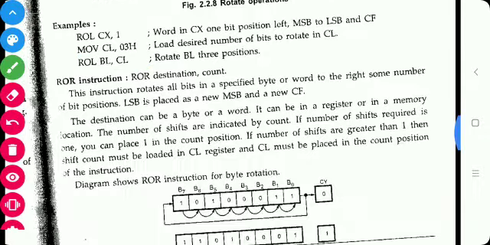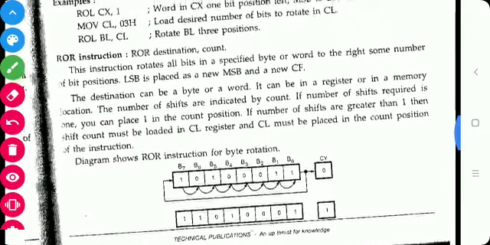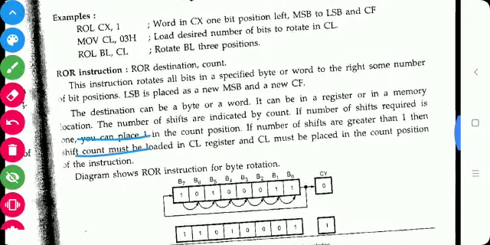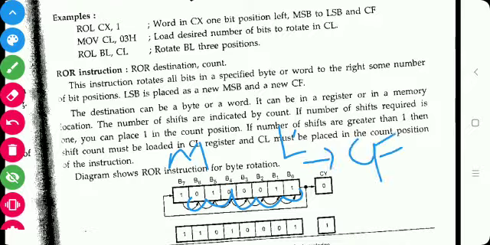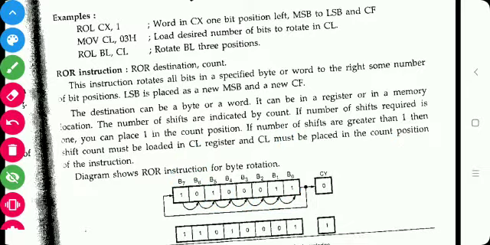Next instruction is ROR. Here every bit is shifted to the right. This is your MSB, this is your LSB. LSB is shifted into the carry flag and the same LSB is shifted into the MSB. Okay, so this is the ROR instruction, in which every bit is shifted to the right, LSB shifted into the carry flag and the same LSB shifted into the MSB.